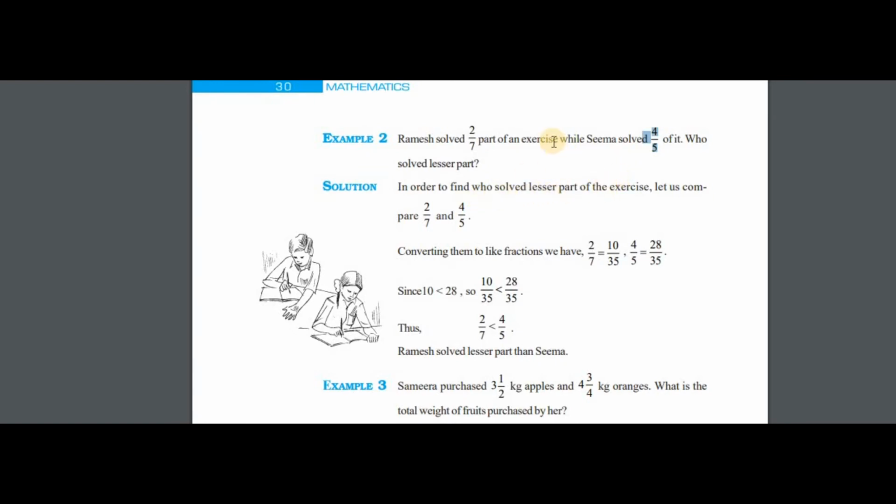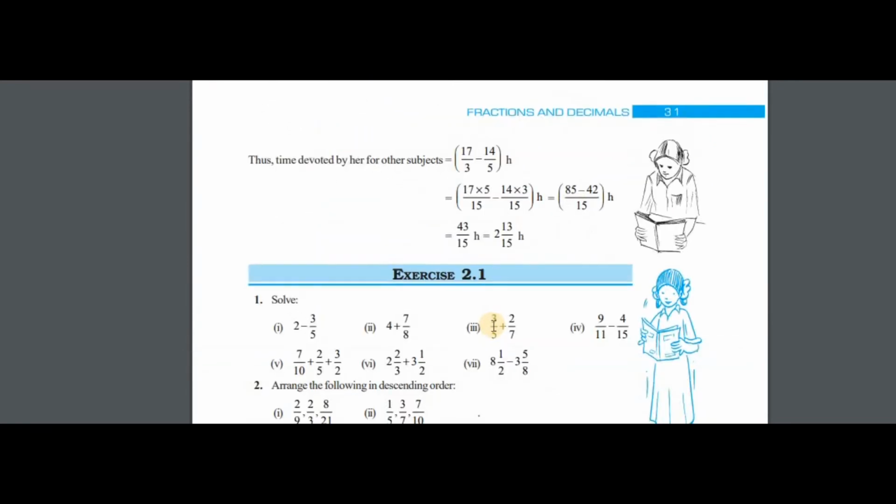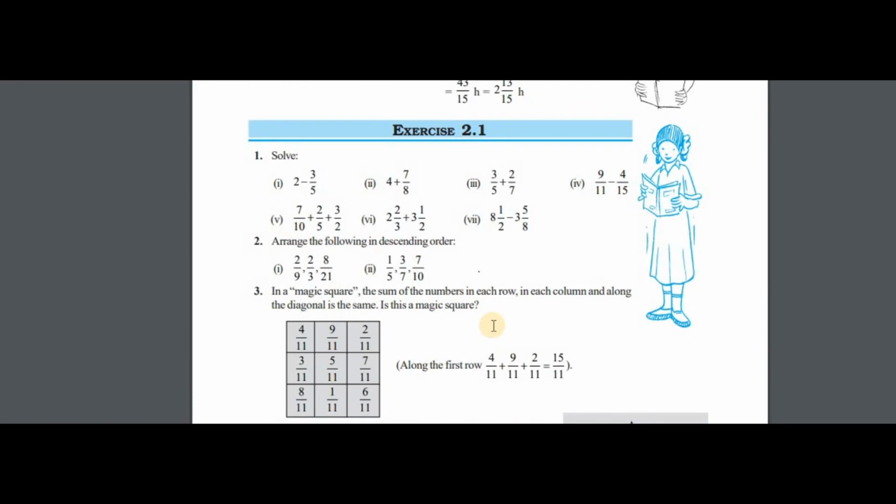So at this time we have to go for LCM, or we can go for cross multiplication. Here also he did cross multiplication, and then he said which is the bigger one and which is the smaller. Like that he gave some examples for us. Now coming to exercise 2.1, we'll try to solve this in our notebook.